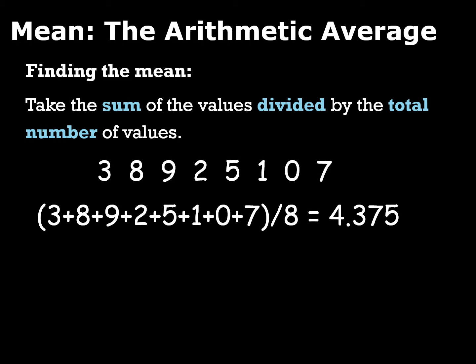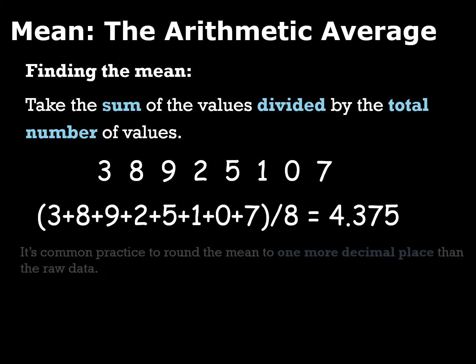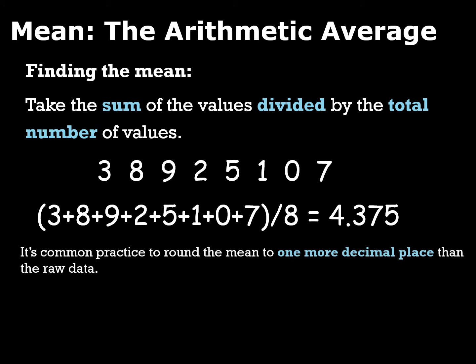get 4.375. So we might be tempted to state that the mean is 4.375, and we could, that's okay, but it's common practice to just take one more decimal place past what the raw data is to use for rounding for your means. In this case, the raw data was all in integer form, whole numbers.